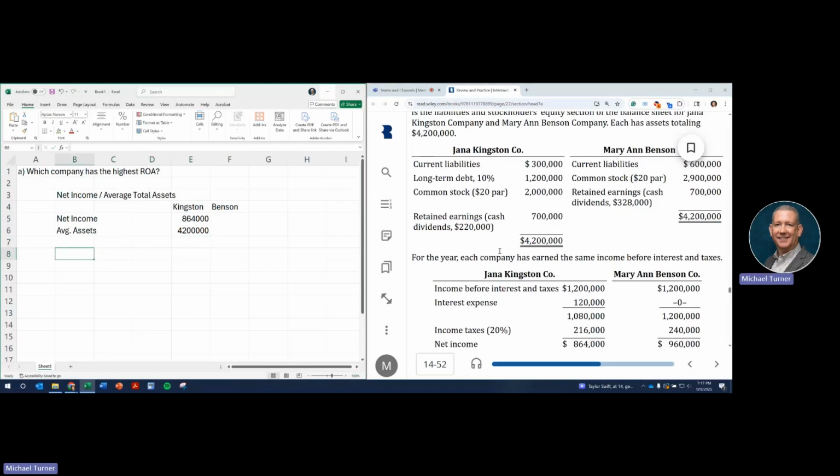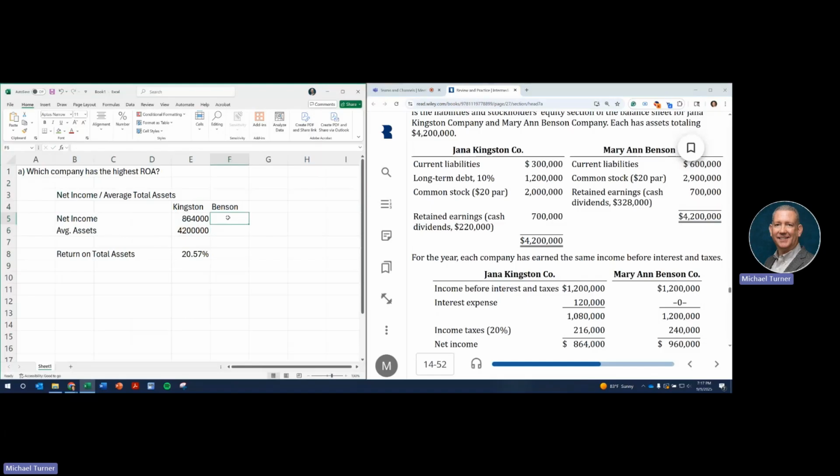And so therefore, their return on total assets, the net income divided by the total assets, it's a percent, and that's 20.5%.